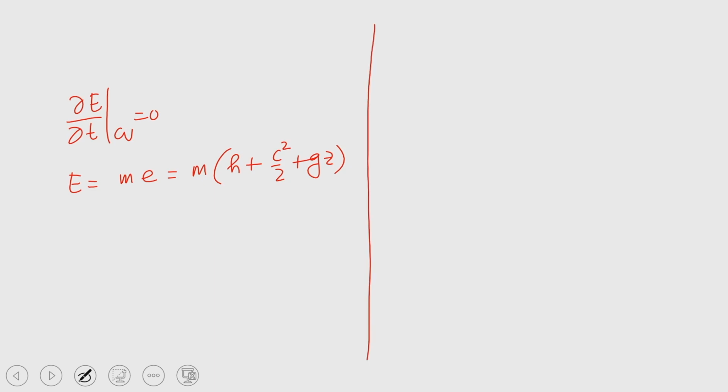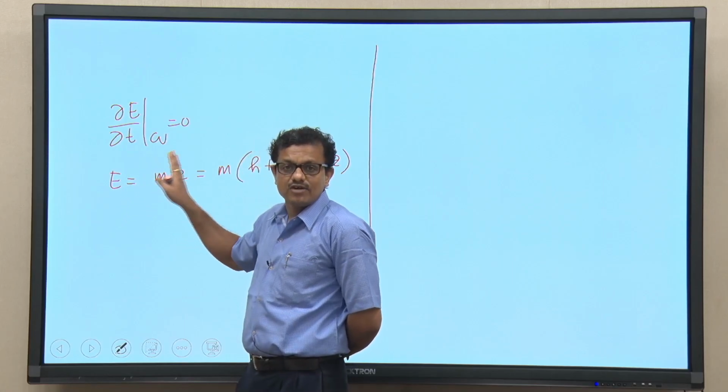For the steady state, d by dt of E within the control volume equals 0, and E being the total energy can be written as m into (h plus c square by 2 plus g z). If we need to make this quantity 0 under the steady state assumption, the total energy will not vary within the control volume.